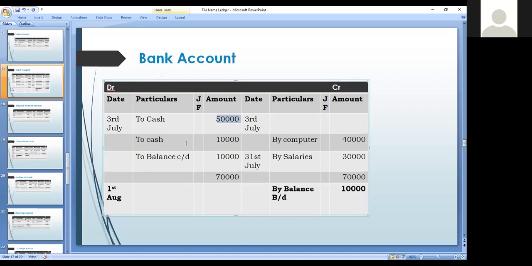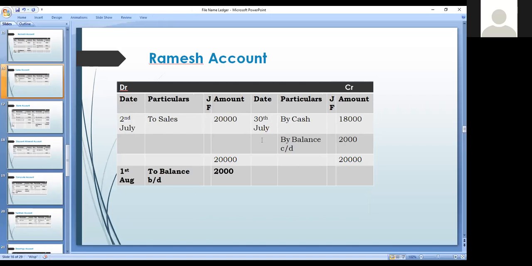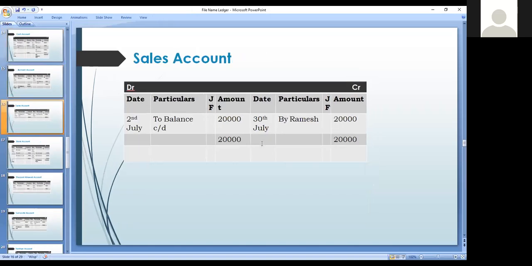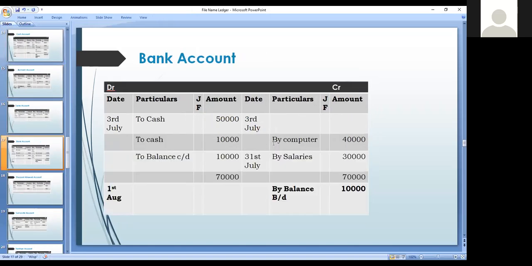Then we purchased a computer and paid through check.